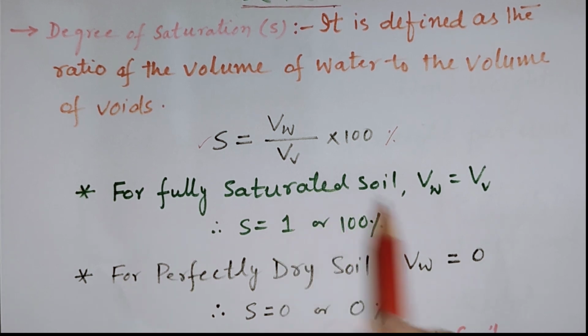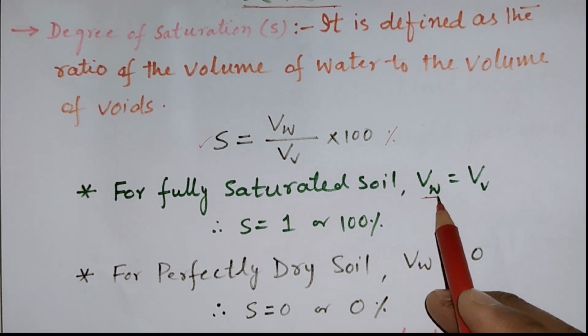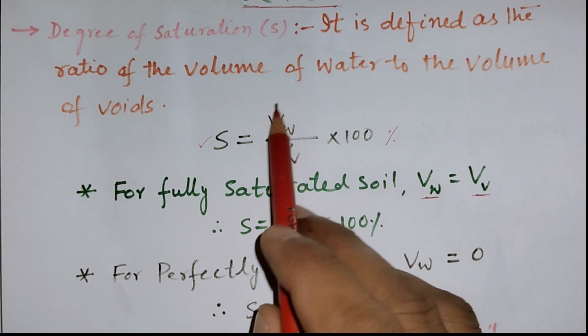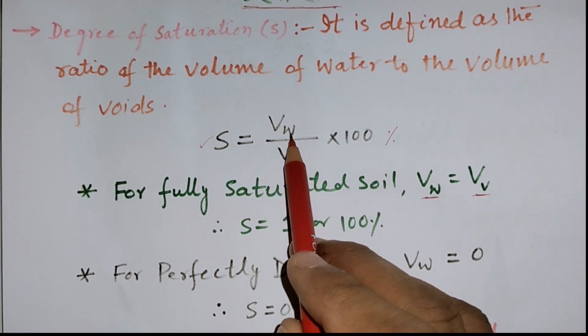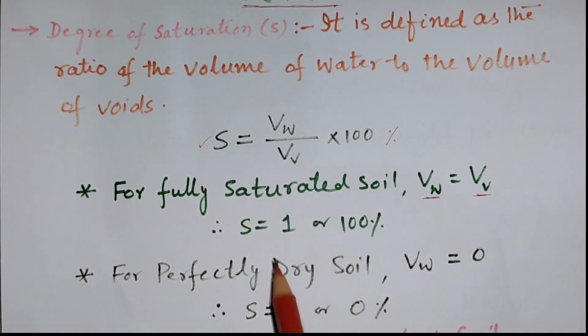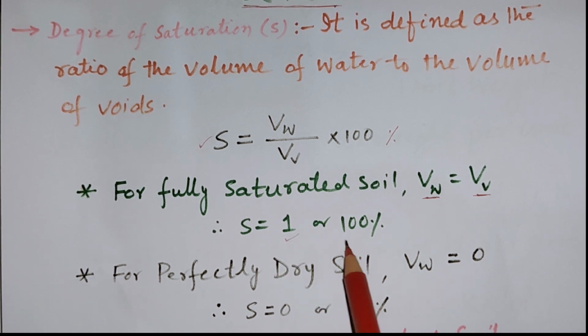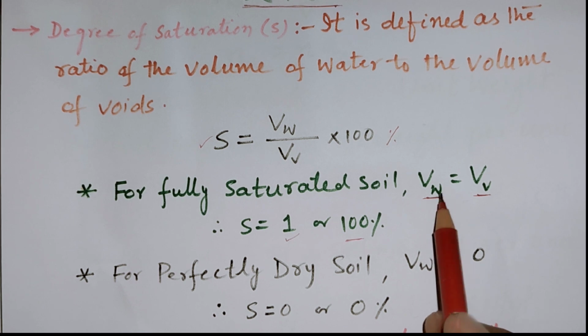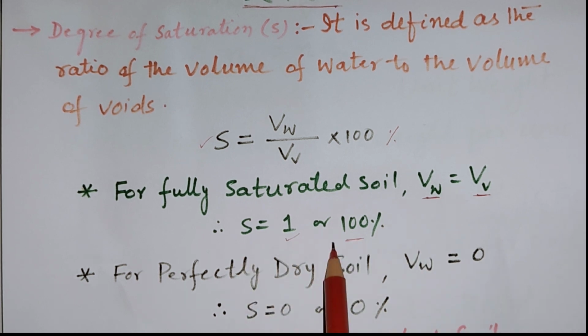It means volume of water will be equal to volume of voids. If we put volume of water equal to volume of void, the ratio will become 1 or 100%. So for fully saturated soil, degree of saturation will be 100%.